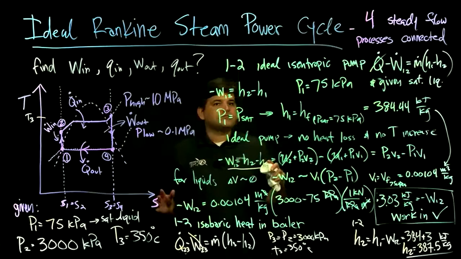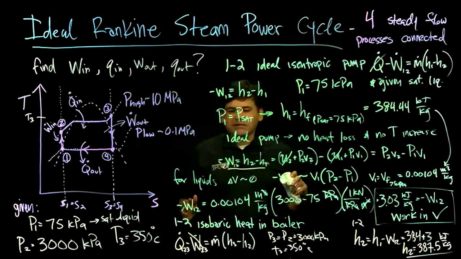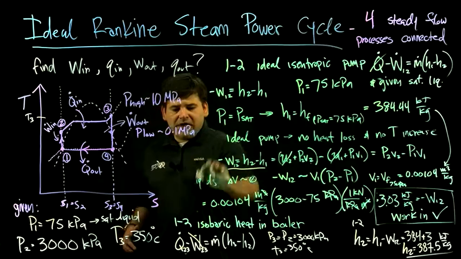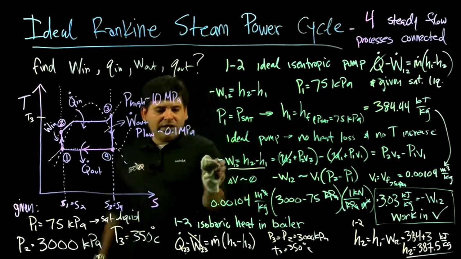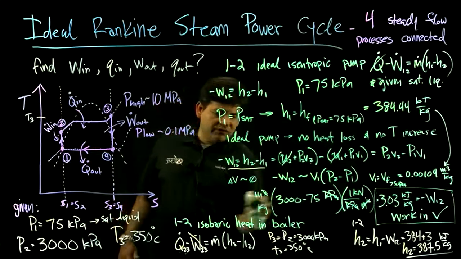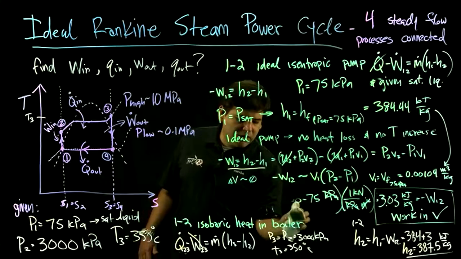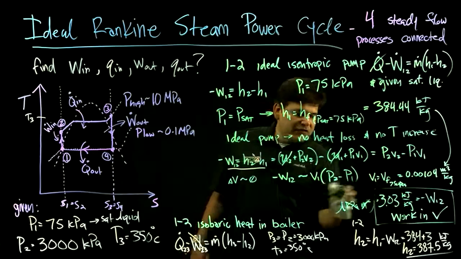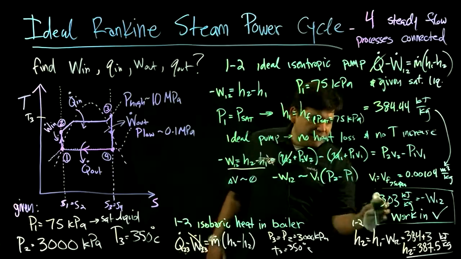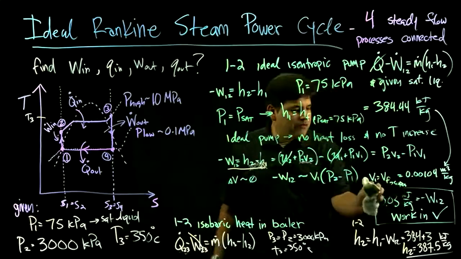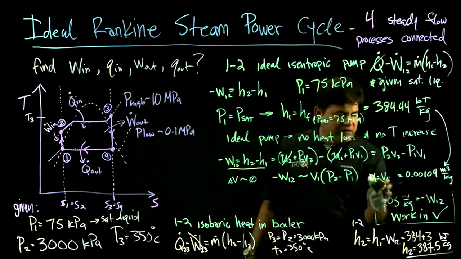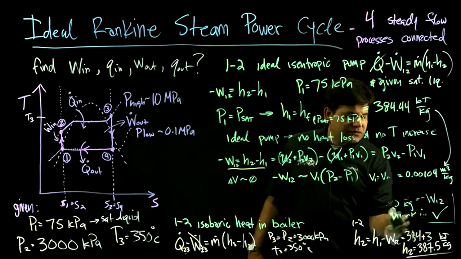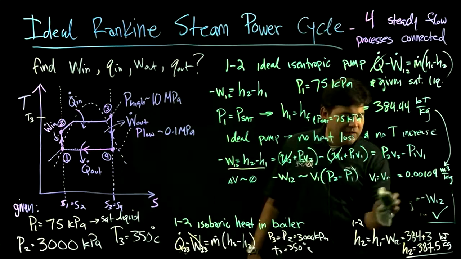Okay. So let me erase this and focus back on to H3 now. We don't know H3 in terms of the enthalpy number, but we can find it based on the given temperature at T3 and the fact that it's an isobaric heat transfer, so that means the given P2 is the same as P3.